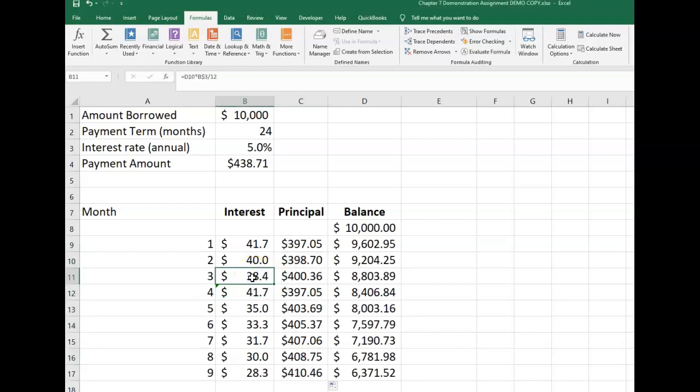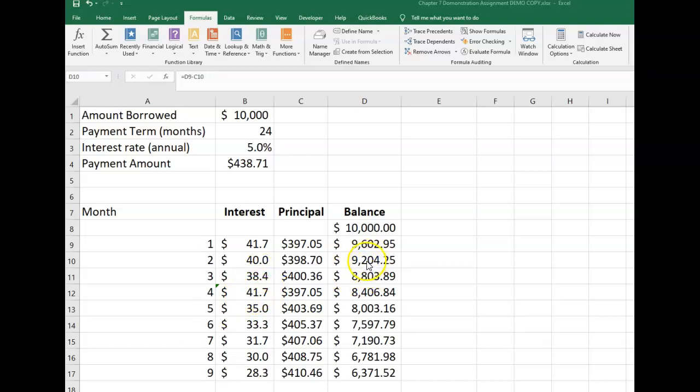I'm going to highlight B3, trace dependents, and it looks like the $400.36 is dependent upon this interest calculation, and that would be correct in that the prior principal balance minus the amount allocated to interest should be the amount allocated to principal. But that's not telling me what's wrong with this formula here.